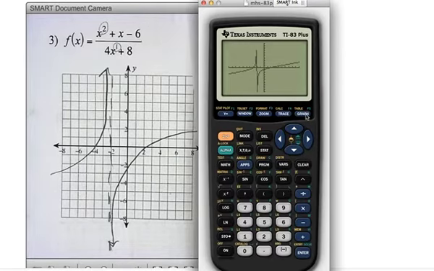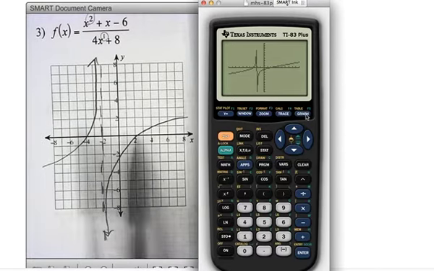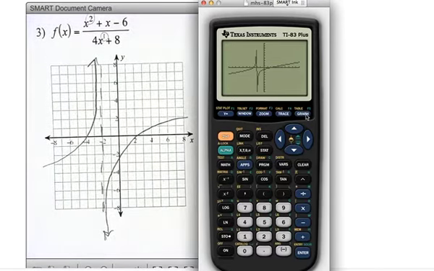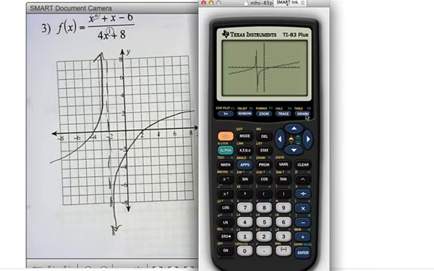Are there any restrictions going this way? Nope, that's the domain. That's going left to right. There's no restrictions going up and down. All reals. All right.